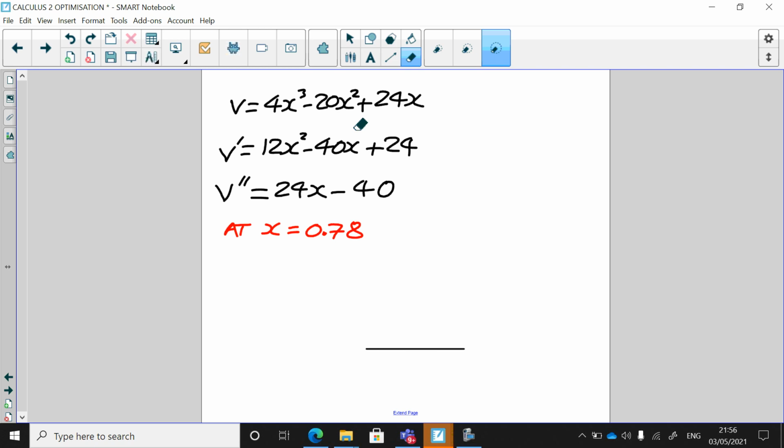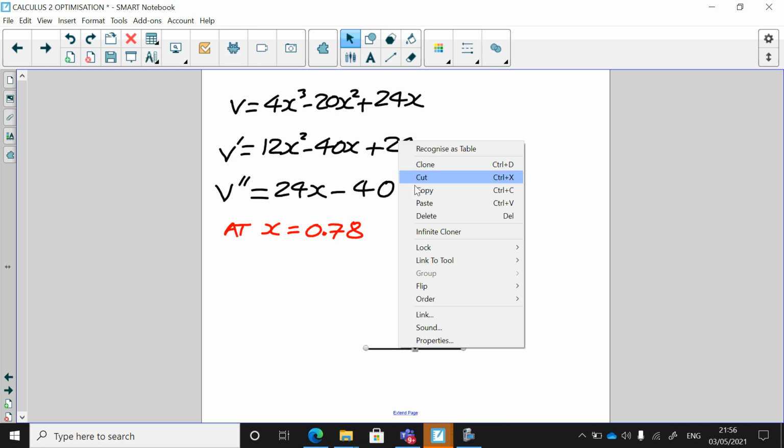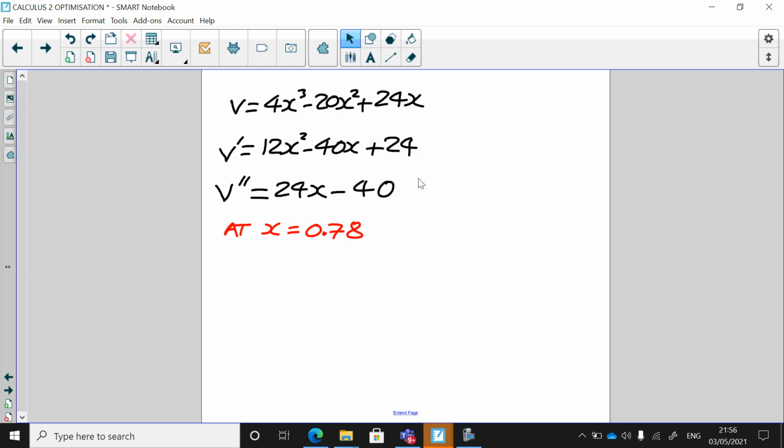That's fine. So put 0.78 into my second derivative, and 24 times 0.78, well that's less than 0, so that's actually all I need to see here.